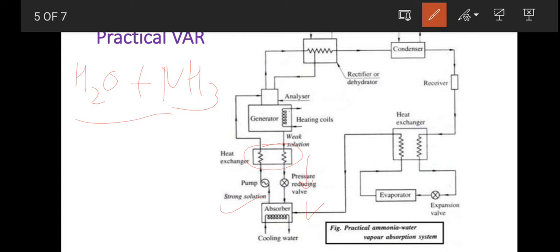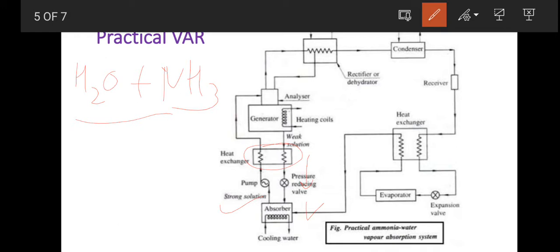So the heat to be supplied to the generator will be less, because the weak solution coming from the generator has some amount of heat, and after exchanging heat with the strong solution, it is supplied to the absorber with less heat.